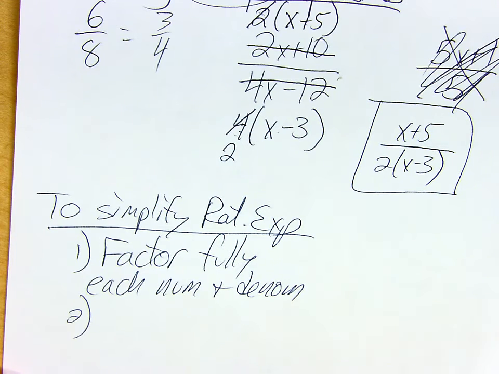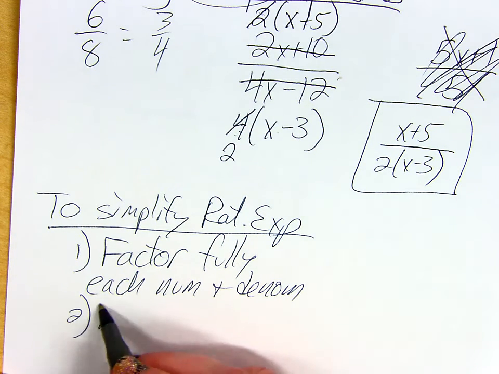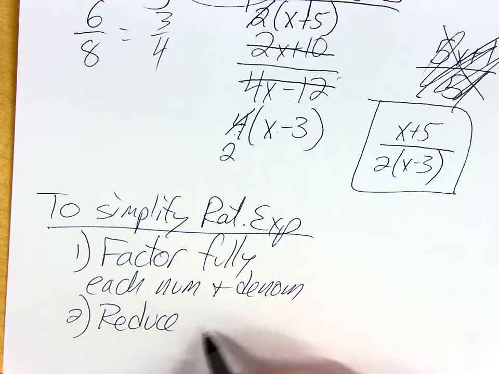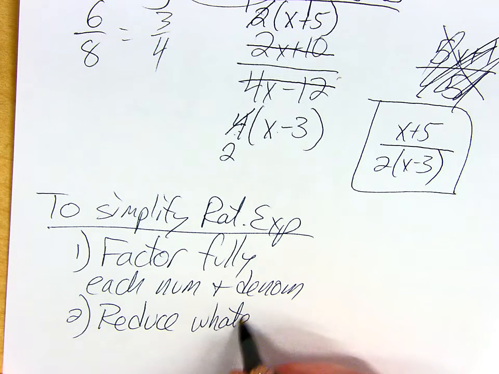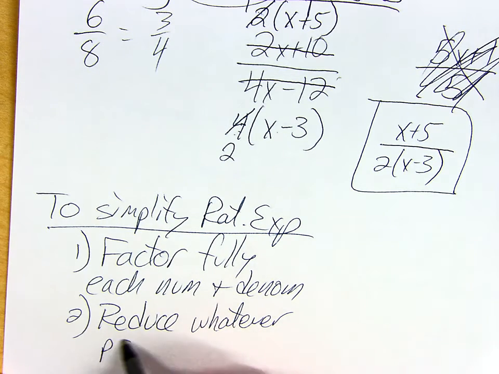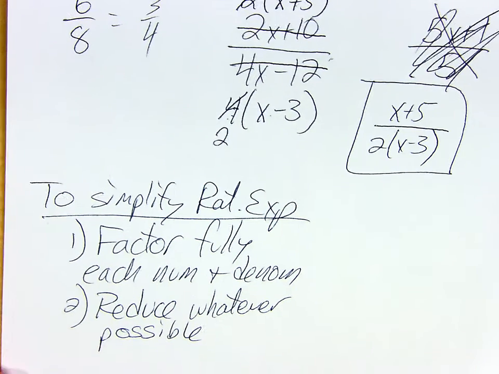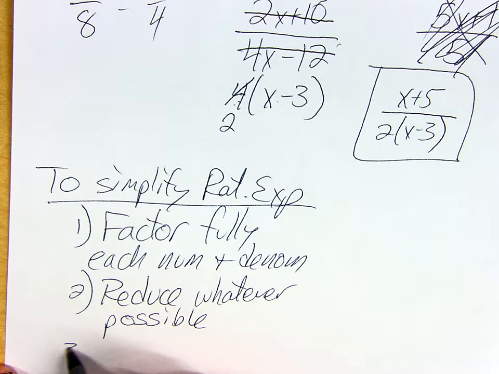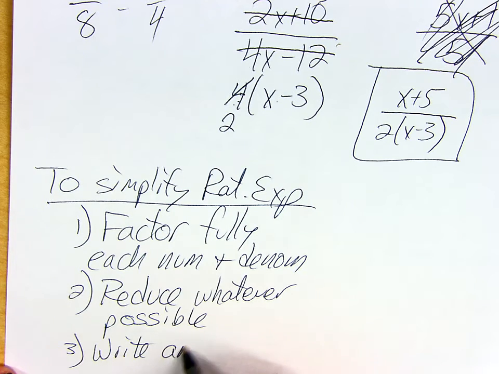Once you factor, then you're going to reduce whatever possible. And then we can even say step 3, write answer neatly. That's it.